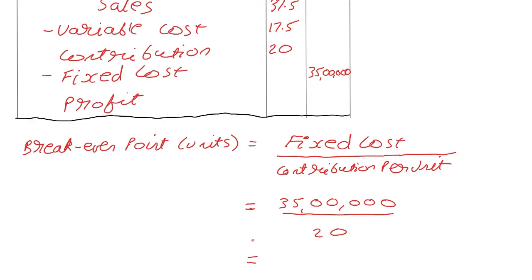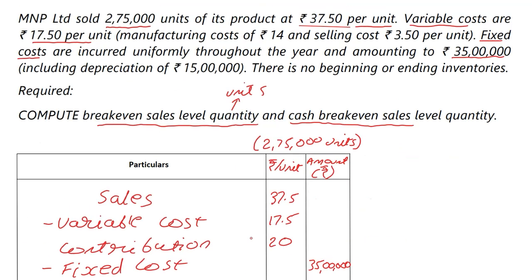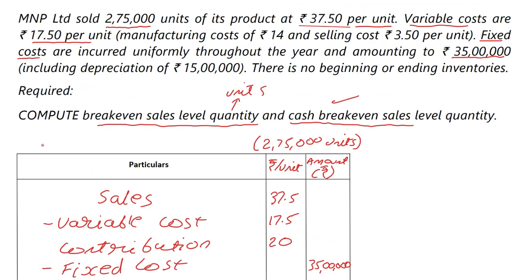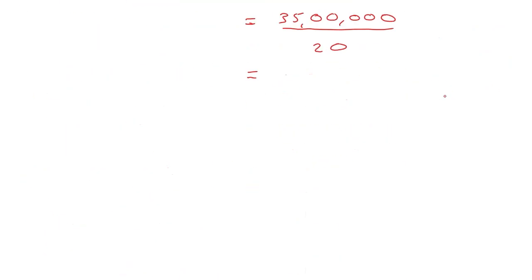But before I even pick up the calculator, let me finish the cash break-even sales that they're talking about. Again, they are saying quantity. Quantity means units.